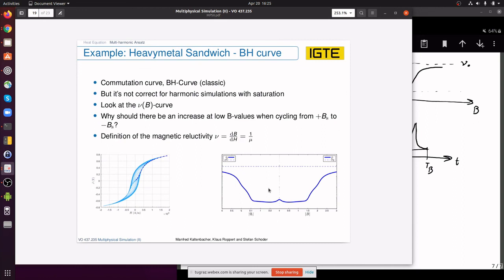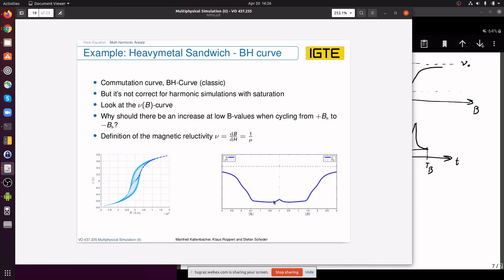And now I want to talk about the topic that I've mentioned, that this material model is simply wrong if you are looping from saturation to saturation in the third quadrant, because if you think about moving up and down on the hysteresis loop, there is no certain change of the permeability, respectively relativity, at small field regions.